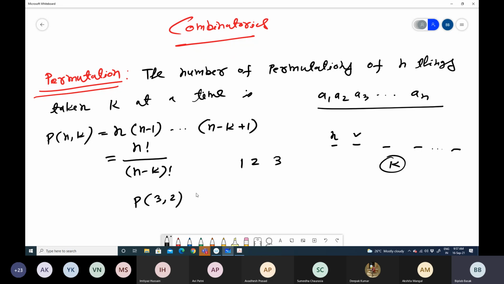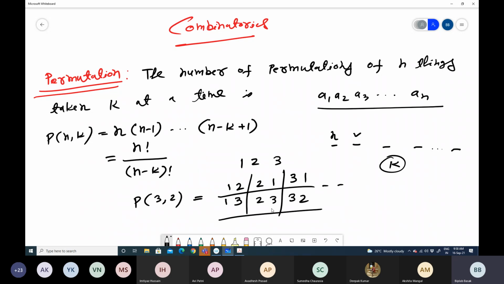What is P(3,2)? That means you have to fill two places from these three elements. So you can choose 1, and then you have 2, or you have 3. If you take 2 first, then you have 1, or you have 3. If you choose 3 first, then you have 1, or 2.